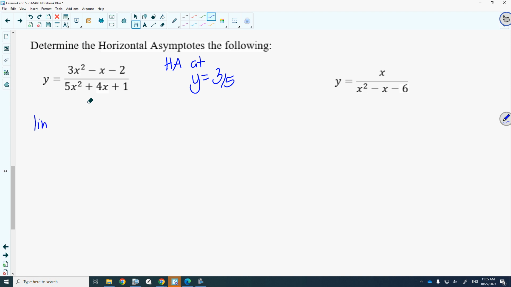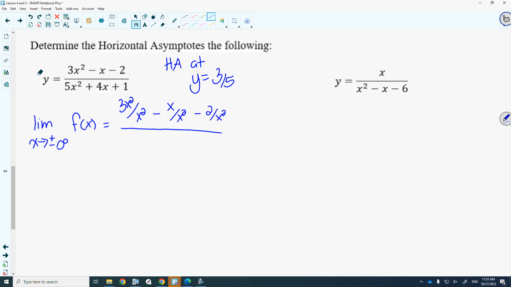The limit as x approaches positive or negative infinity of this function is equal to, Julie, I'm going to divide everything by what? Each term by x squared. So 3x squared over x squared minus x over x squared minus 2 over x squared, 5x squared over x squared, 4x over x squared.